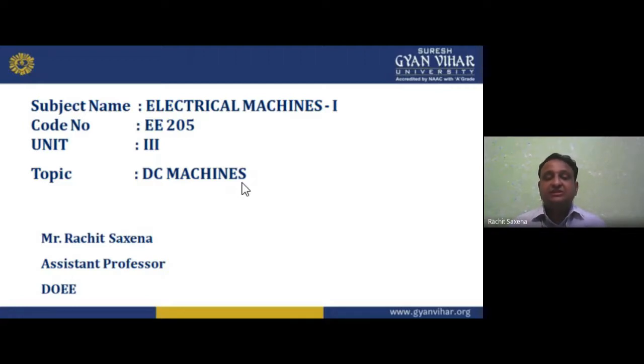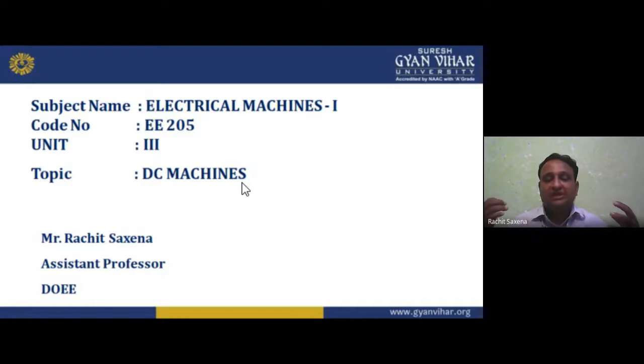And what is flux density? Flux density is the ratio of flux to area, meaning Weber per meter square. Area means length into breadth, so meter square.